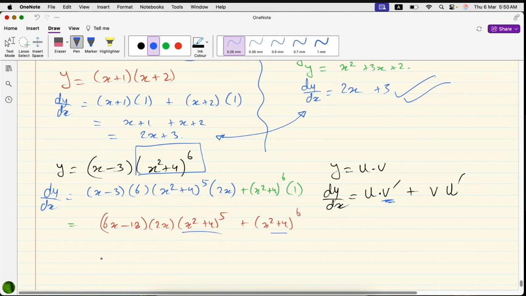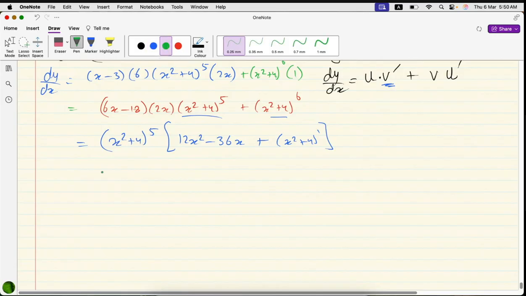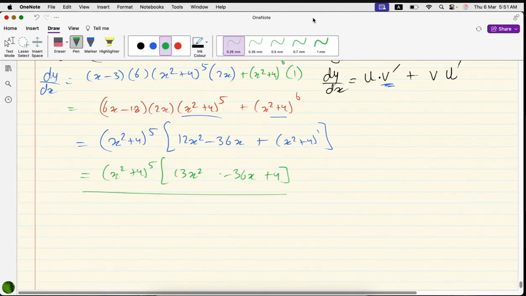I can take out what is common, which is (x squared plus 4) raised to power 5, and I'm left with the product of these two, 12x squared minus 36x, and the one power is inside still, like this. (x squared plus 4) raised to power 5, that is 13x squared minus 36x plus 4. So the product rule will help us.